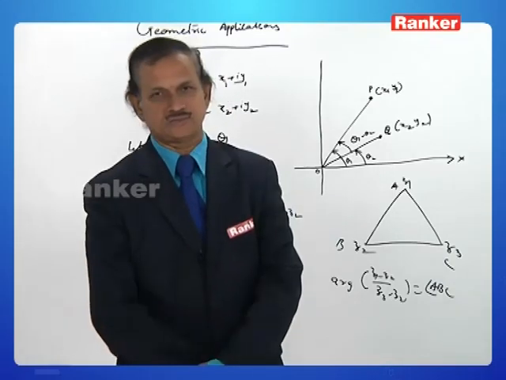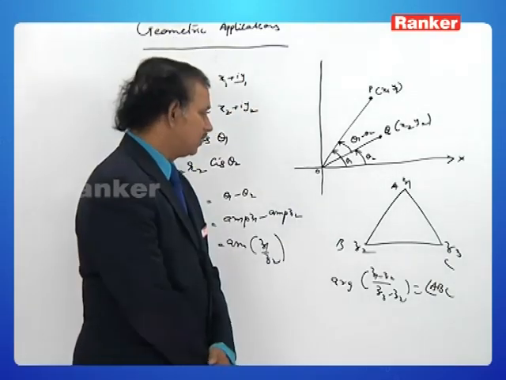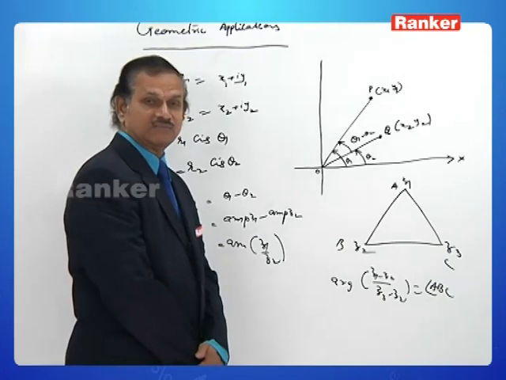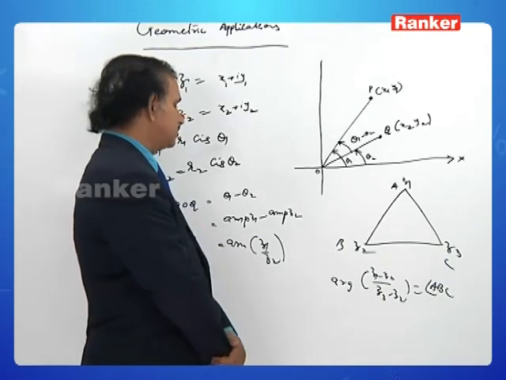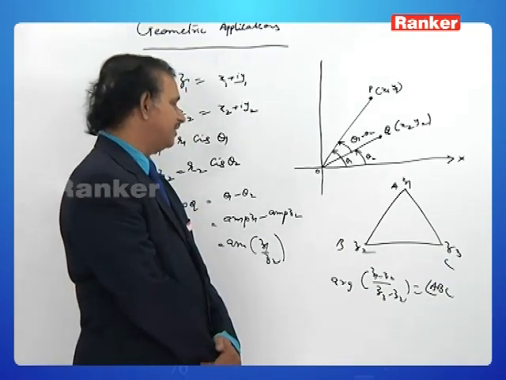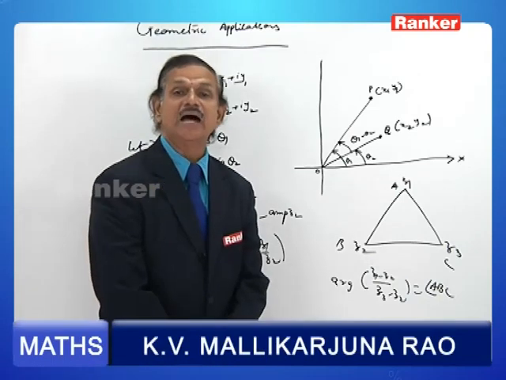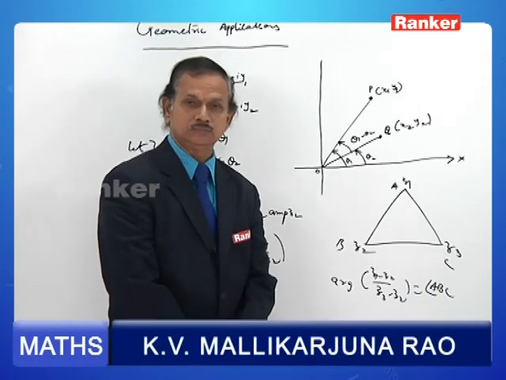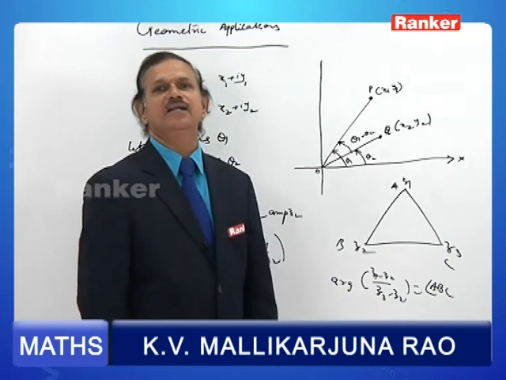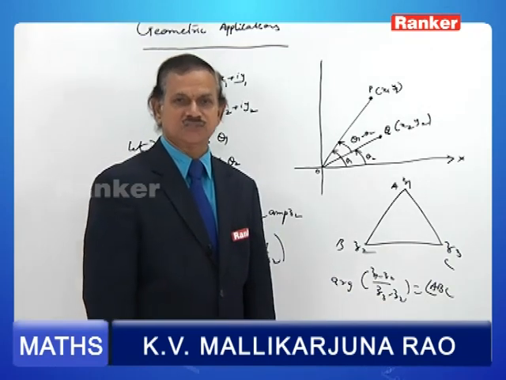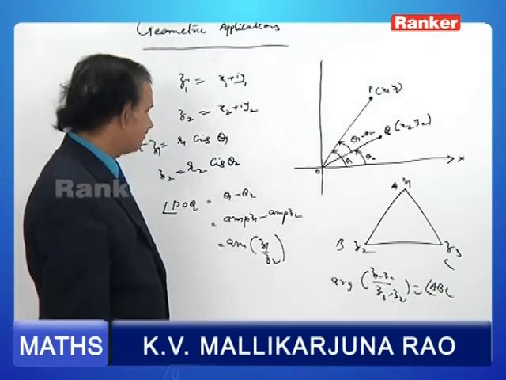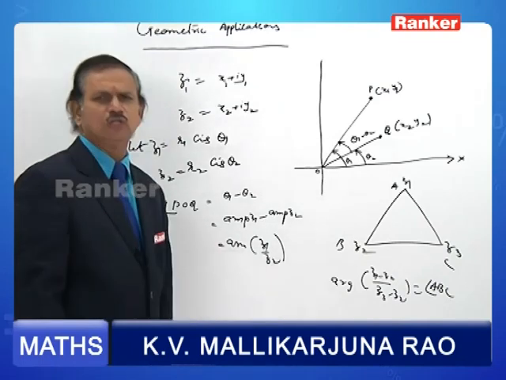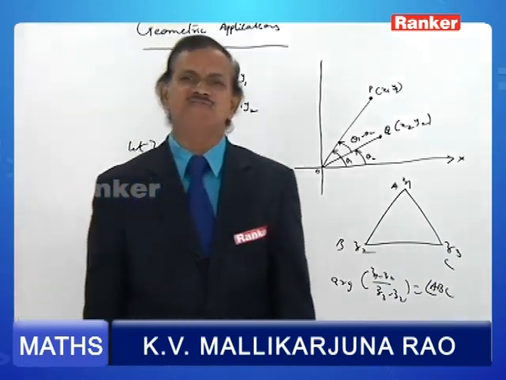Then what happens? The argument of Z1 minus Z2 by Z3 minus Z2 is nothing but pi by 2. Like that we will be able to have. This is the application of argument or amplitude in geometrical figures.